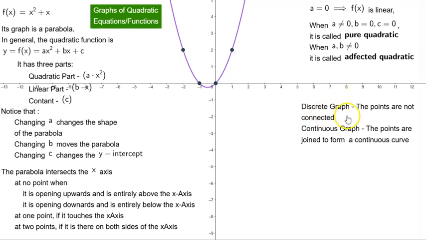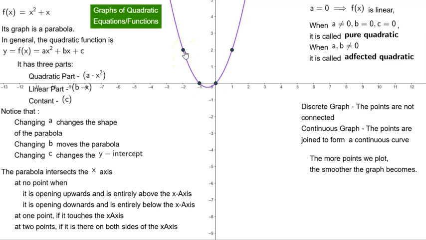Now, discrete graph, we don't join the points. So this is the discrete graph of x square plus x. Continuous graph, the points are joined to form a continuous curve. The more points we plot, the smoother the graph. Because as of now, we have only this many points.